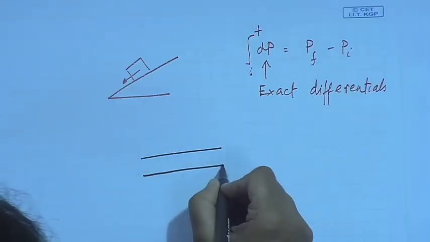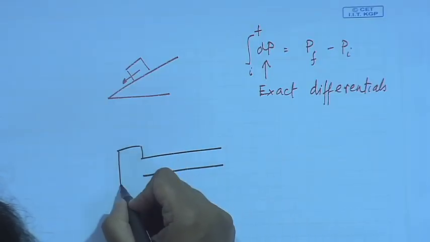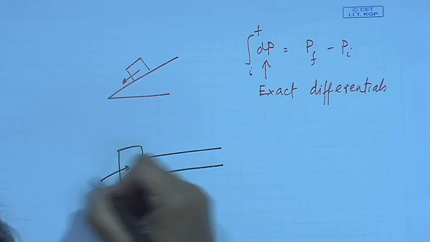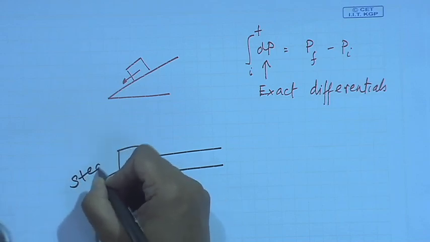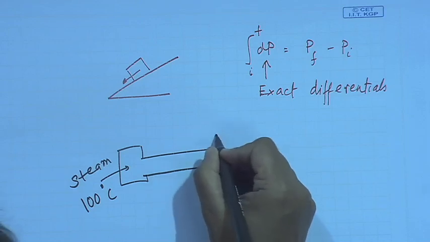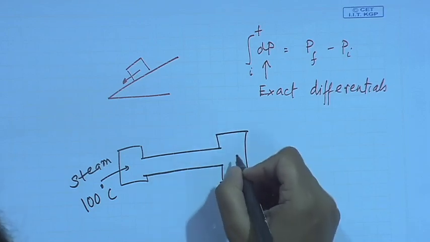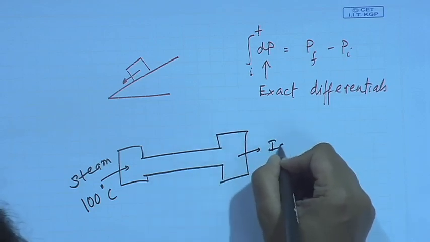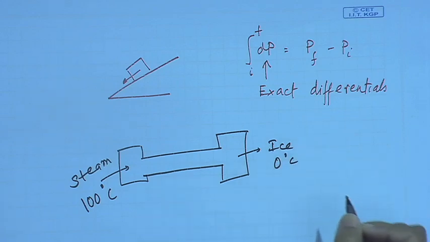Say we have a copper rod, and we arrange it in such a way that one part of the copper rod is immersed in steam at 100 degrees centigrade, and the other part is immersed in ice at 0 degrees centigrade.